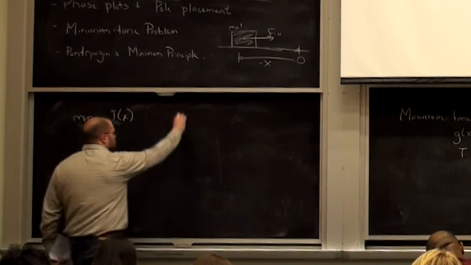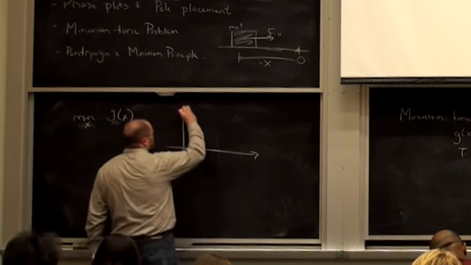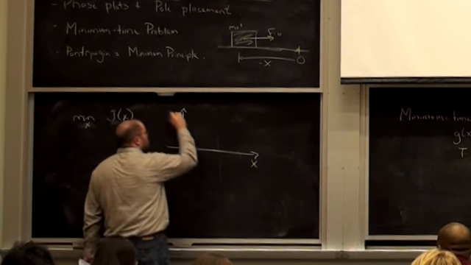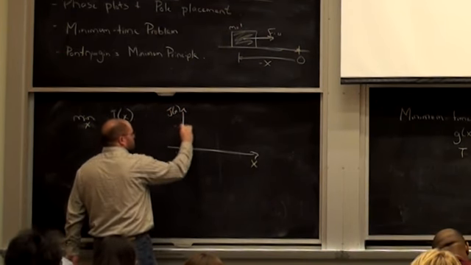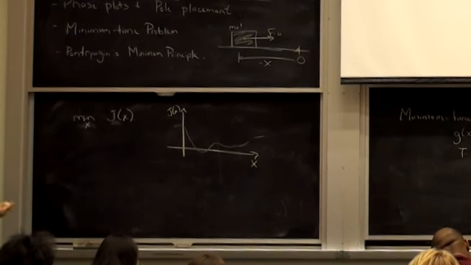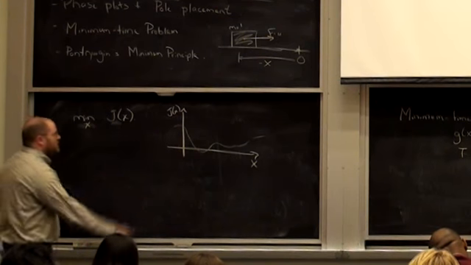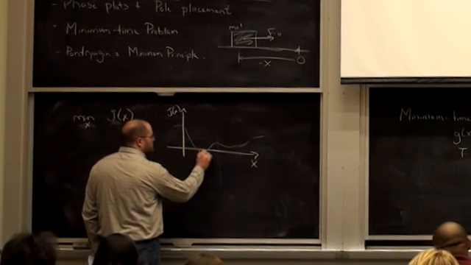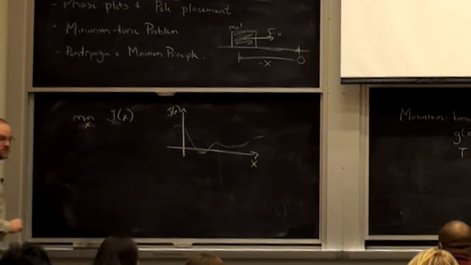So if I have some function of x, J of x, that looks like this, I want to find the minimum. The necessary condition is that at the minimum, the derivative of that thing better be 0.